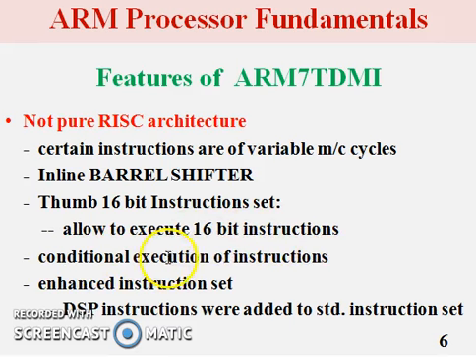Also, conditional instructions are executed. Conditional execution means, suppose the carry flag is set, then only you execute this instruction. If the parity flag is set, then only you execute this instruction. So such conditional execution is also supported by this ARM7 TDMI.